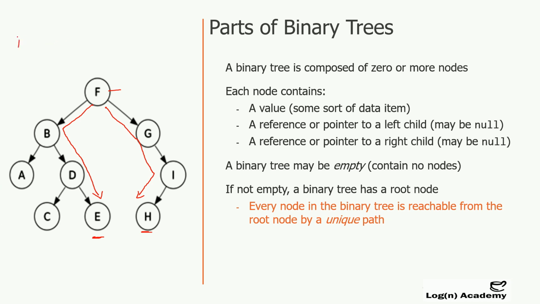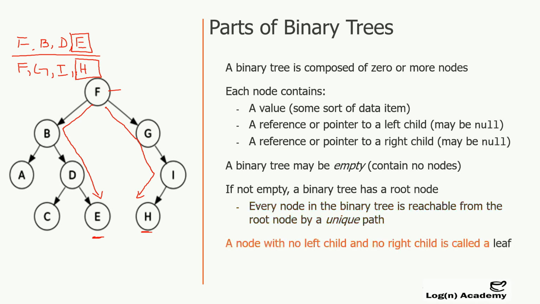For the first one we can say the path is F, B, D, and E. For the second one, the path will be F, G, I, and H, right? Here my target node was E, and in the second case, my target node was H.